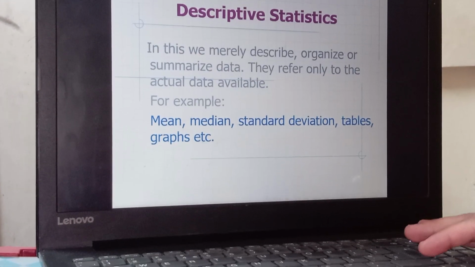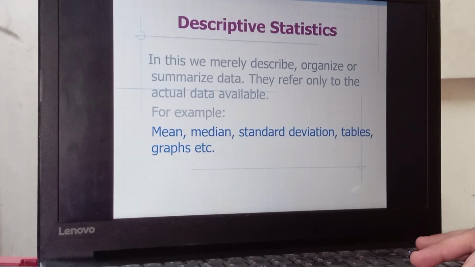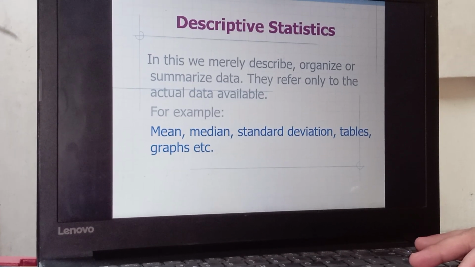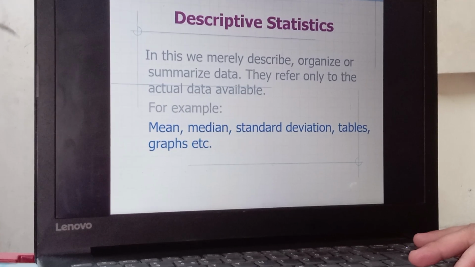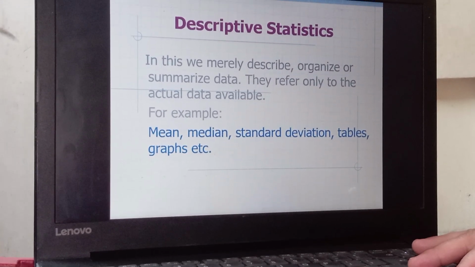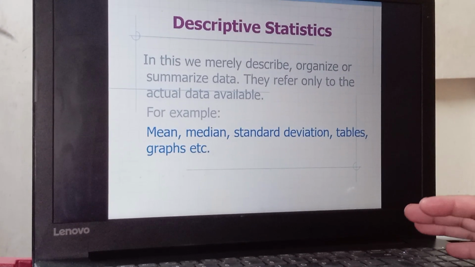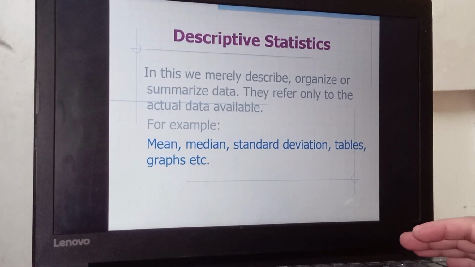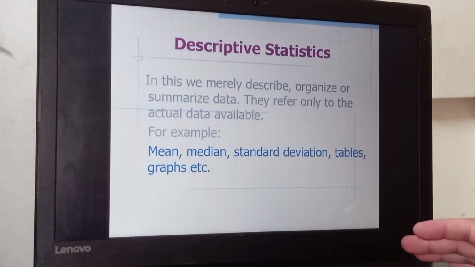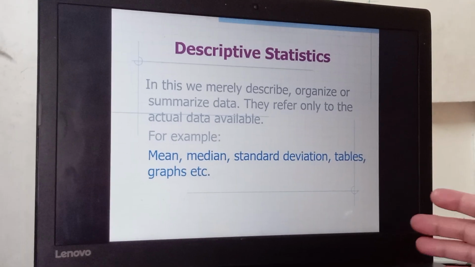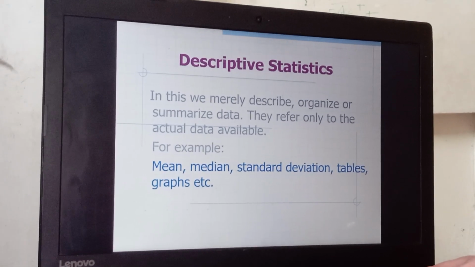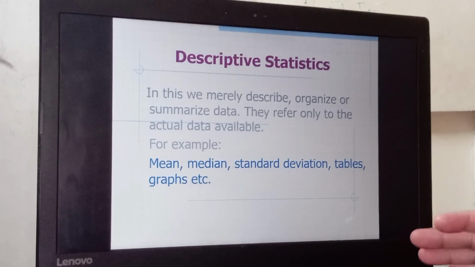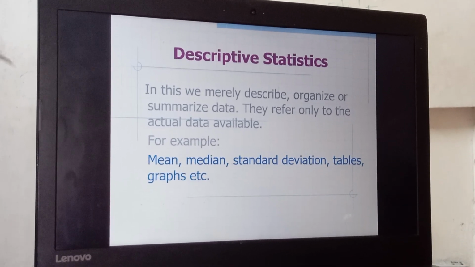Calculate median, along with median we calculate interquartile range. We also draw various tables, charts, and graphs in order to get the attention of readers, because tables, charts, and graphs present the data that is very conspicuous and easily understandable by the readers.